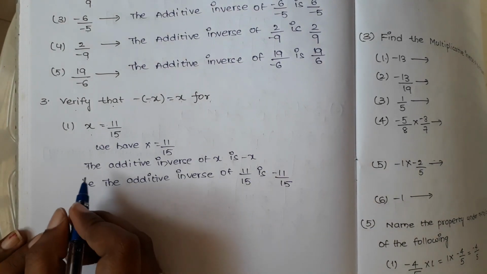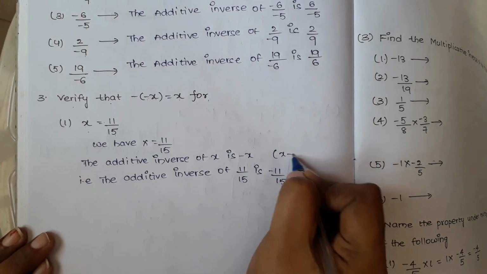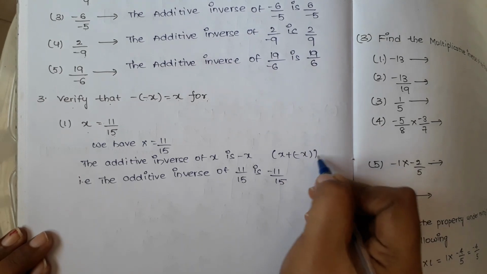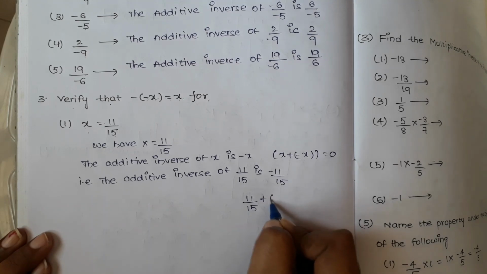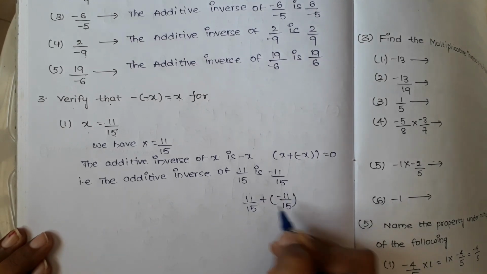From the equation x plus minus of x equals 0, we get 11 by 15 plus minus of 11 by 15 is 0.